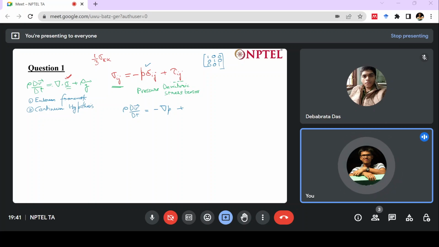If you take the divergence of that, it reduces to this. What about tau ij? Tau ij will remain. This is the divergence of the deviatoric stress tensor, plus my rho g, my body force.